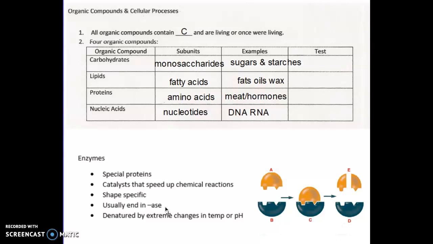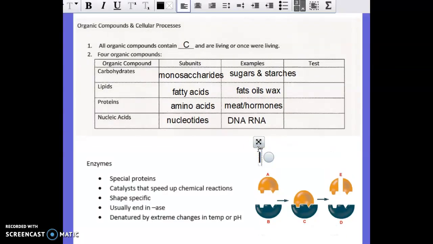Trypsin is an example. That's an enzyme that works in your small intestine, and it definitely doesn't end in ASE, but the word usually tells you what it breaks down. As an example, if you have an enzyme called lipase, it breaks down lipids. Sucrase would break down sucrose, and so on.